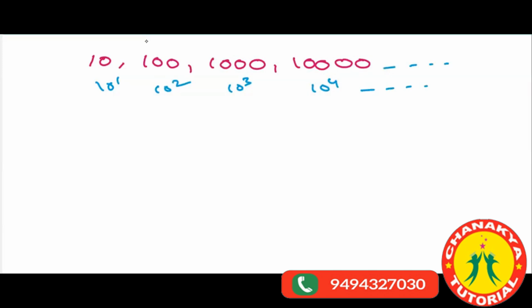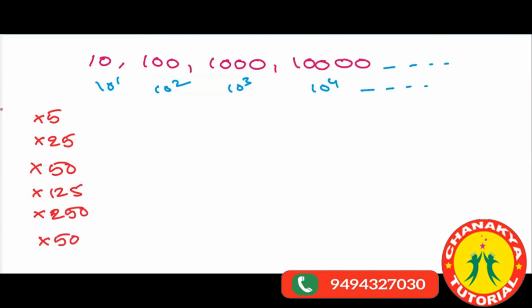Now coming to our numbers today, we are going to see multiplication by 5, by 25, by 50, by 125, by 250, and then by 500. So simply, we have to make these numbers into powers of 10.